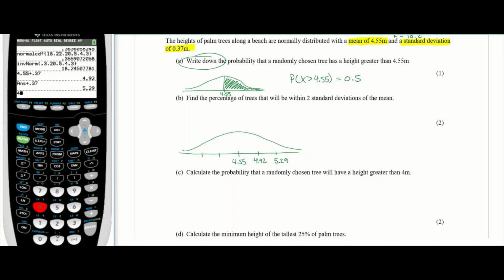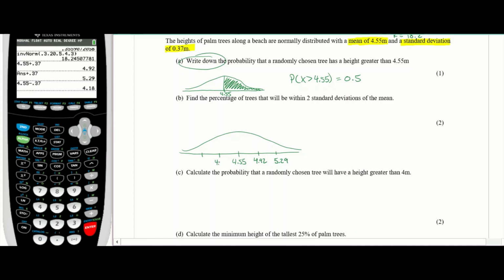Now we need to repeat that process to go to the left. So 1 standard deviation below and 2 standard deviations below. I'm going to subtract that again. So 3.81. The probability of being within 2 standard deviations, I can translate into a probability statement where I say I'm looking for the probability that I'm greater than 3.81 and less than 5.29.